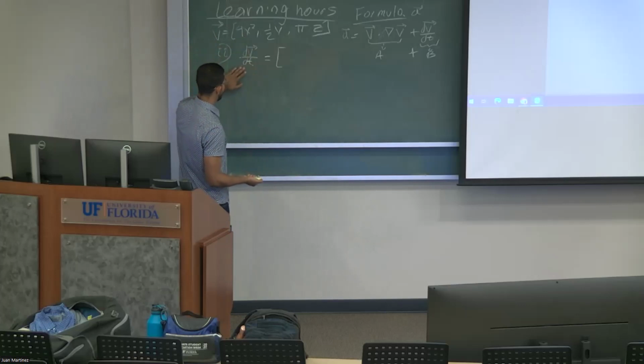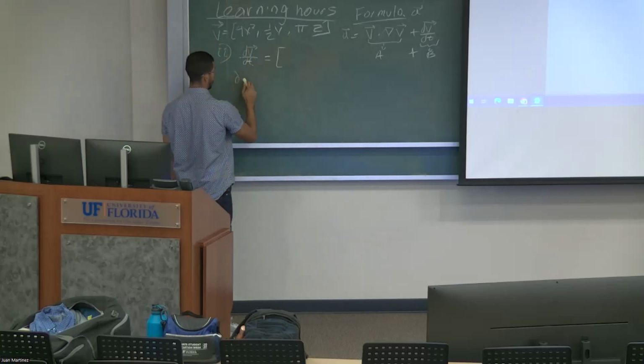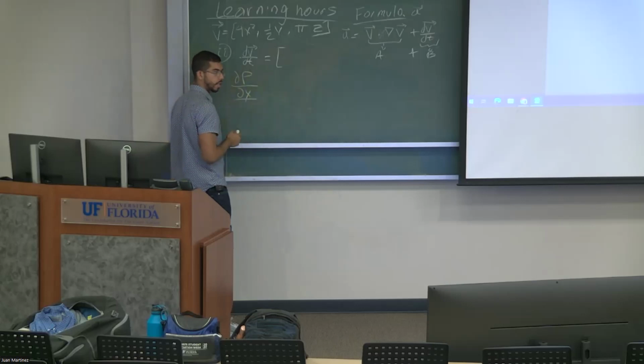Basically, when you are taking the derivative of a vector, in this case, as we did for example in class today with pressure, what you're doing is basically taking the derivative of everything with respect to x.